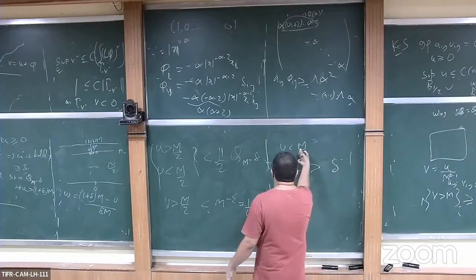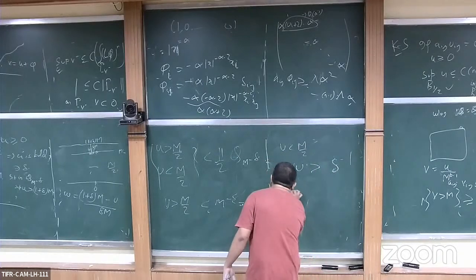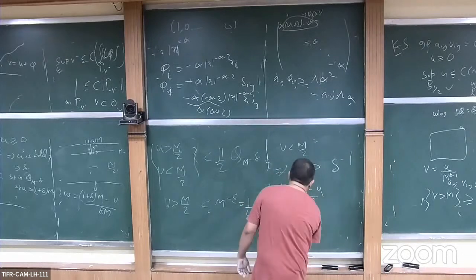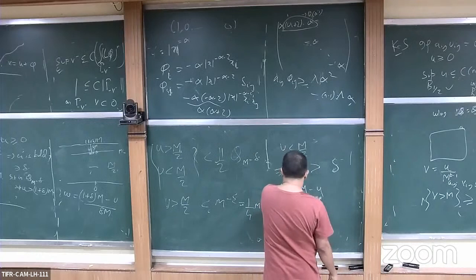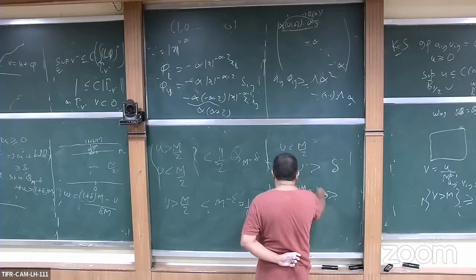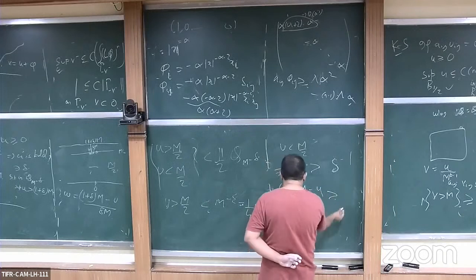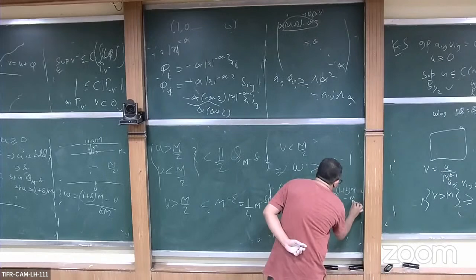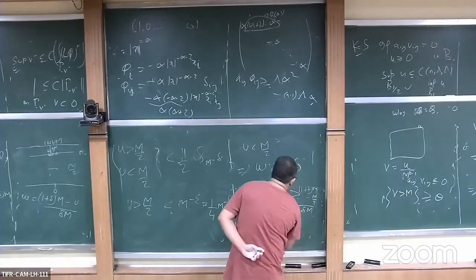Why? Because if U is less than M by 2, then 1 plus delta M minus U by delta M, so this is bigger than 1 plus delta M minus M by 2 divided by delta M.